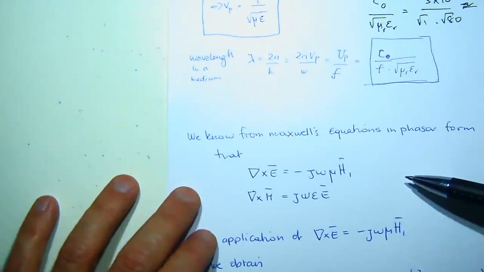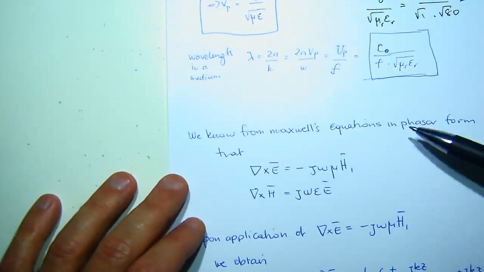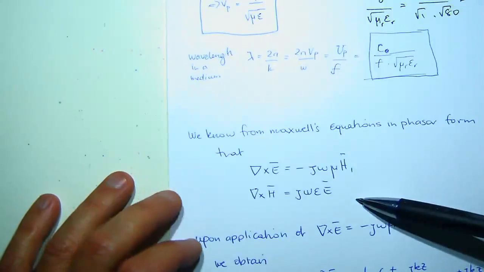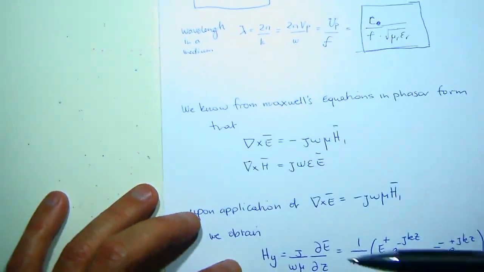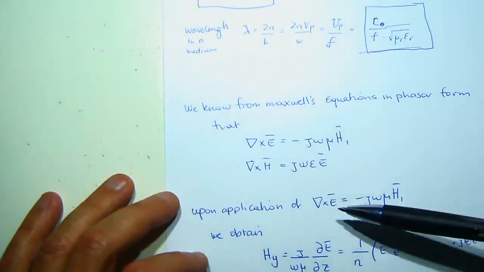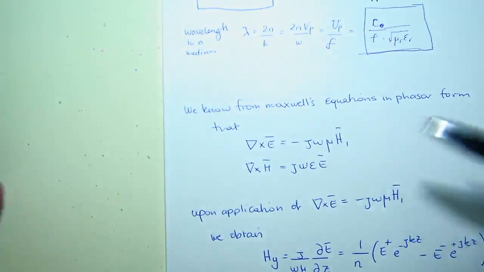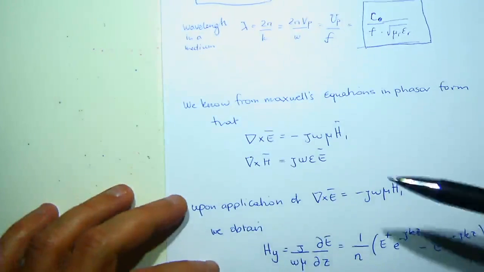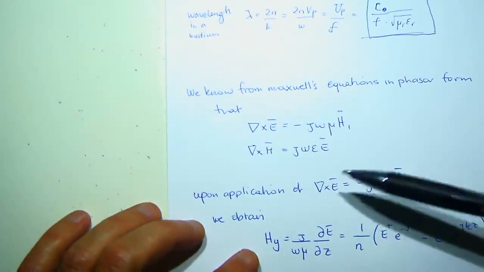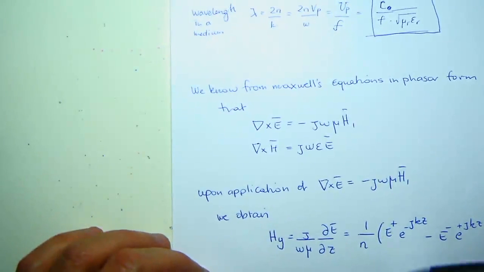Now, if we continue from here, back to Maxwell's equations. If we go through this whole process again, we can now relate electric field to magnetic field in air or any other material, and the relationship between the electric field and magnetic field, this 1 on eta, is referred to as the wave impedance.